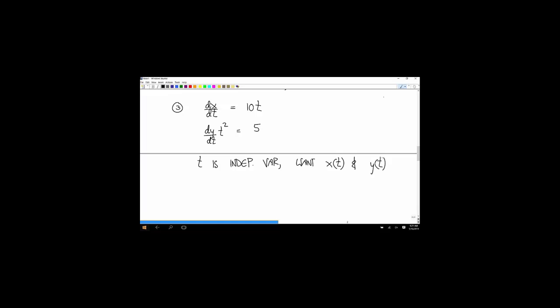So let me give an example now of a partial differential equation.